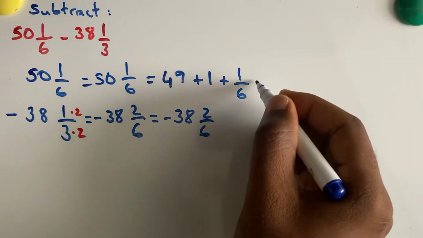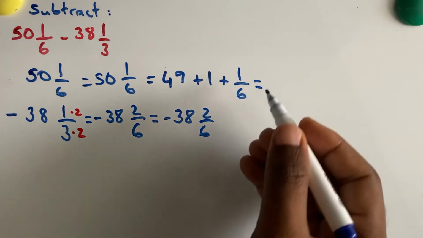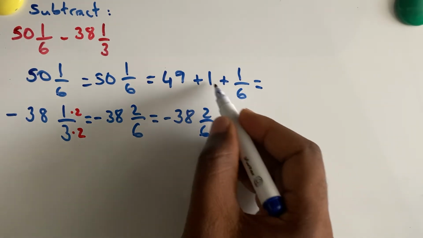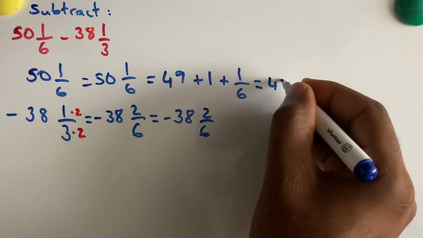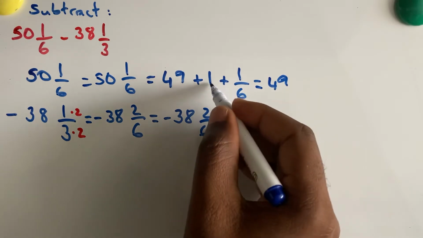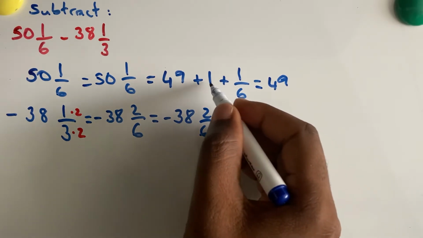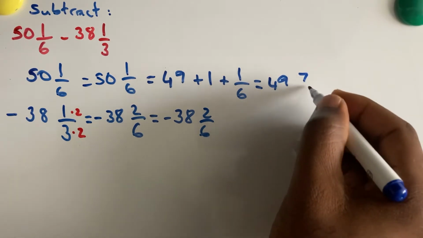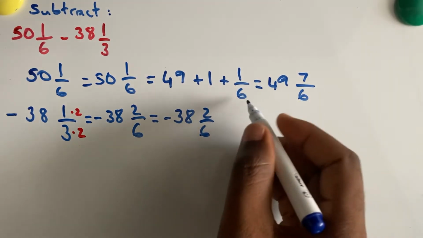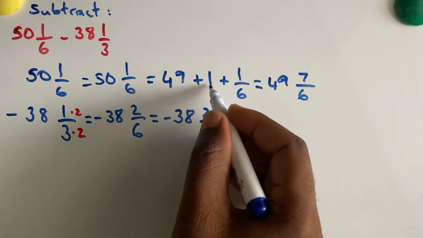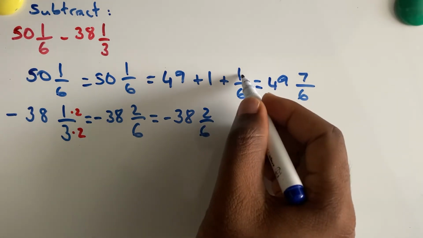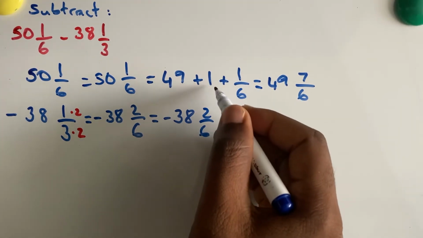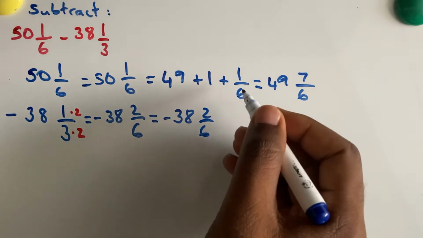Now on top, I'll have 4, but if I multiply 6 times 1, it's as if you do 6 times 1 plus 1, which is 7. So I'll have 7 over 6. Again, the LCD right here is 6.